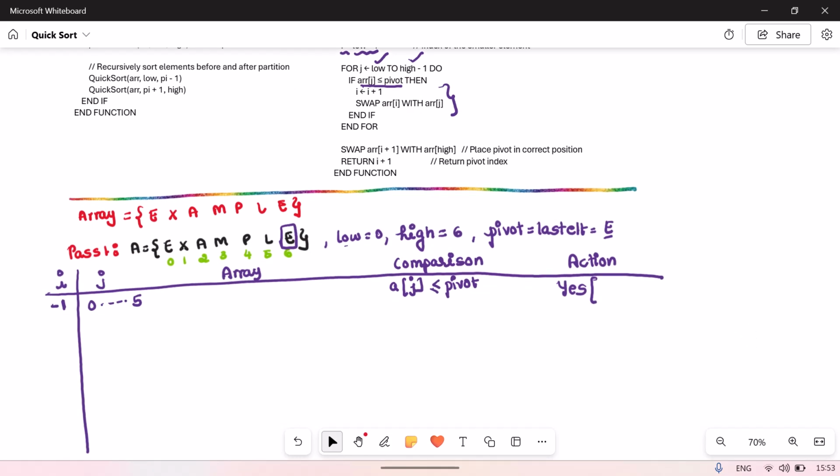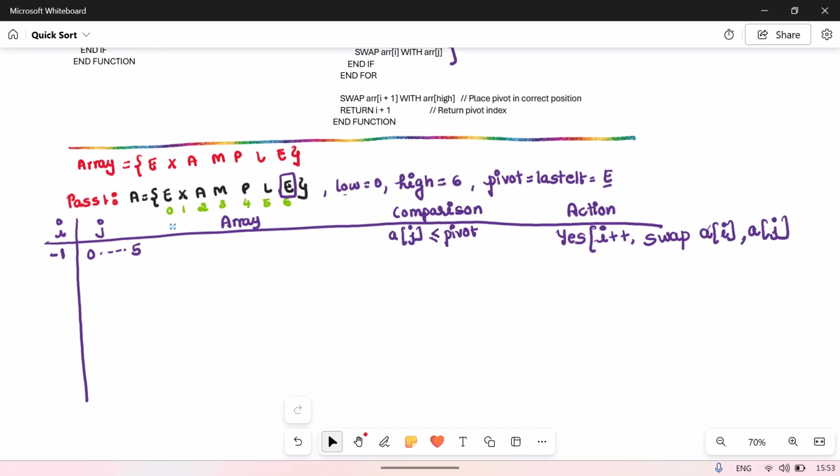Two statements are there. One is you have to increase i, and you have to swap A of i and A of j. That is what you are supposed to do. I hope you have understood.